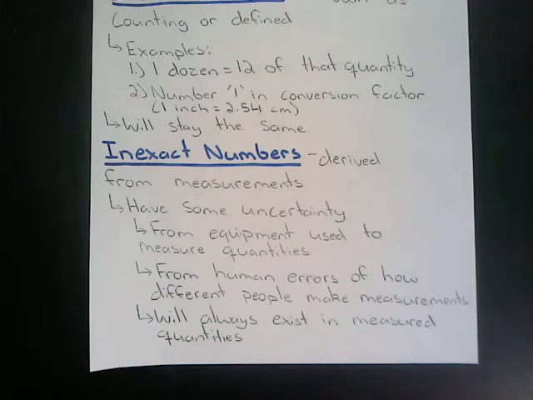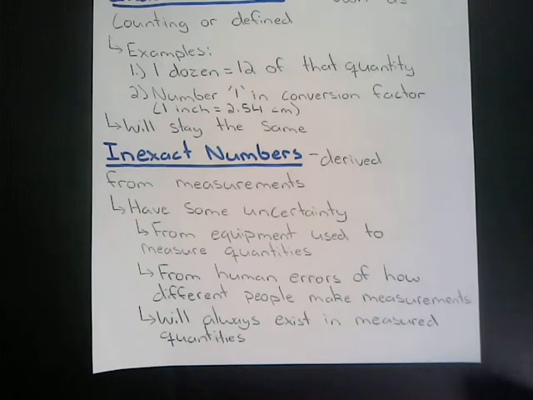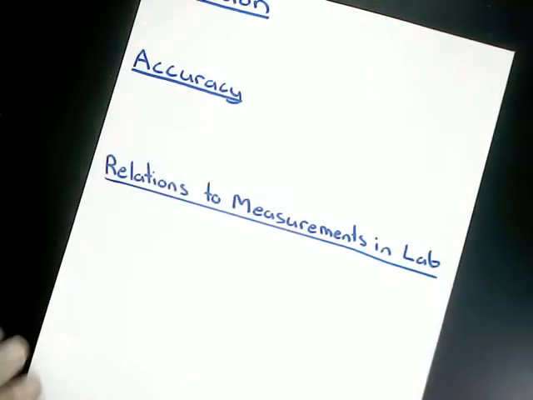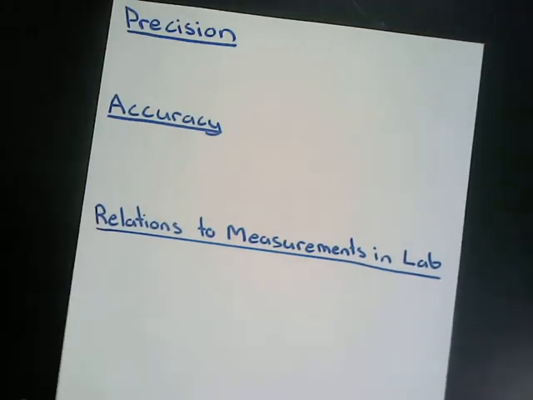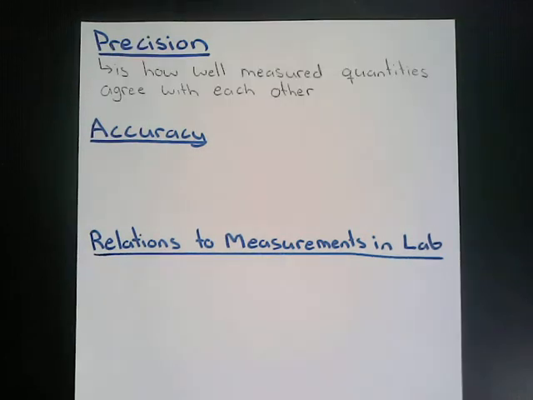Now we'll get a little more into the details of why we have the terms to be able to utilize significant digits. The first term that helps us identify significant digits is precision. Precision tells us how well measured quantities agree with each other. A good example of precision: if you're throwing darts and you're missing the bullseye, but you're missing in the same exact spot, you are precise.